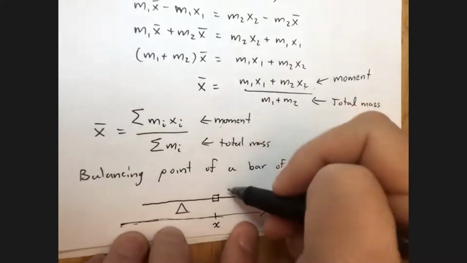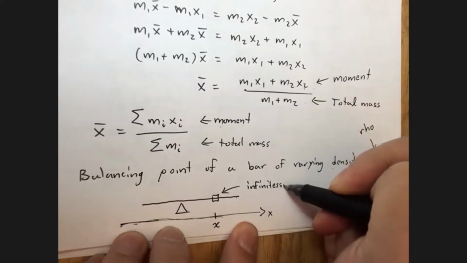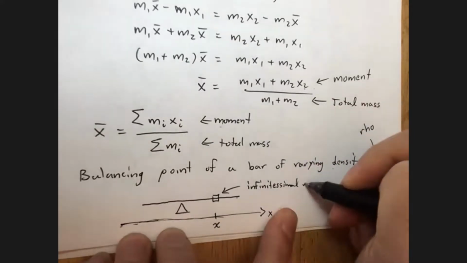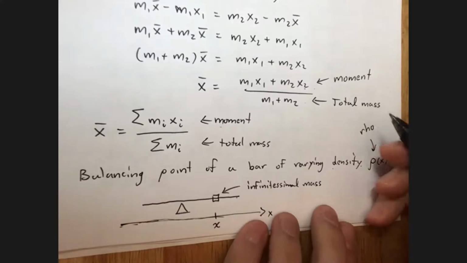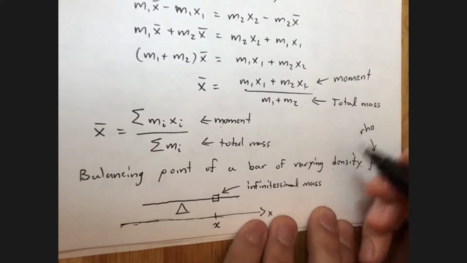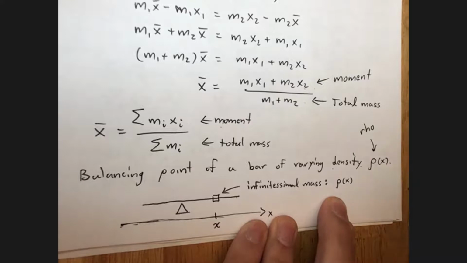The infinitesimal mass, because we're doing this over an infinitesimally small length of the wire, is going to be the density times an infinitesimal length.